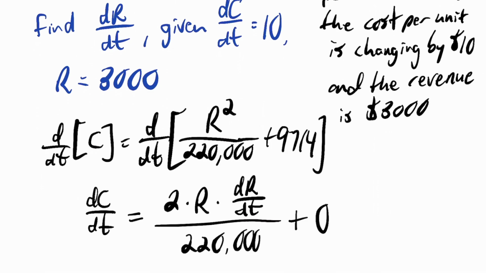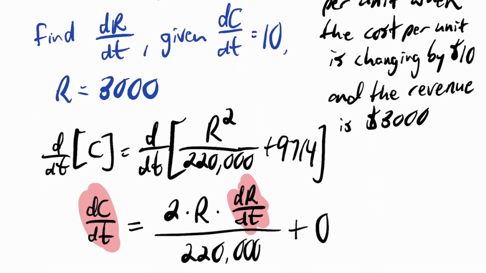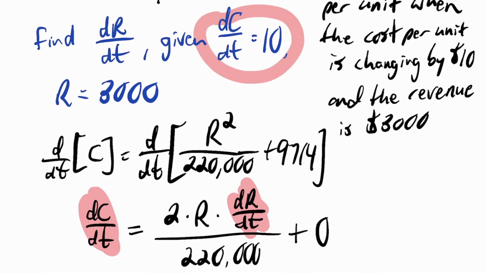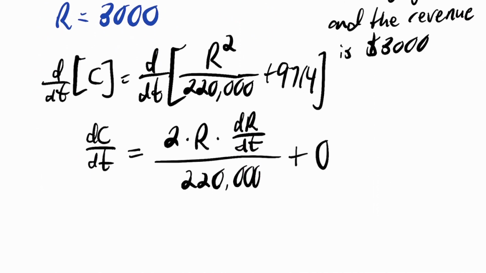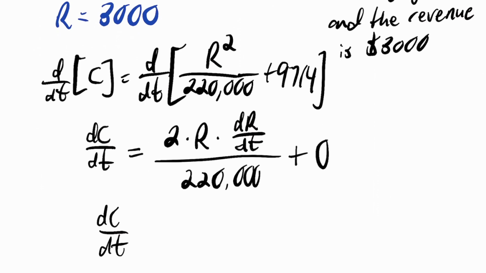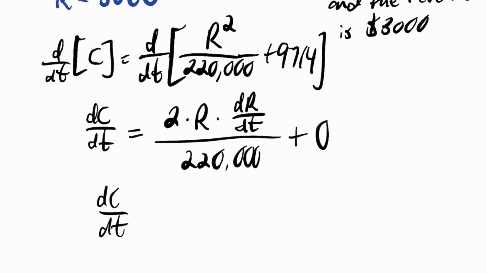So now that I have gotten dc/dt and dr/dt to show up, I can plug in this 10, because that's a dc/dt, and I can also plug in the 3,000 to find out what dr/dt is. Now I can plug in the numbers now or later. I think it'll be a little bit easier if I do it sooner rather than later. So I'll have dc/dt, and that was, yeah, this is costs again, so 10.